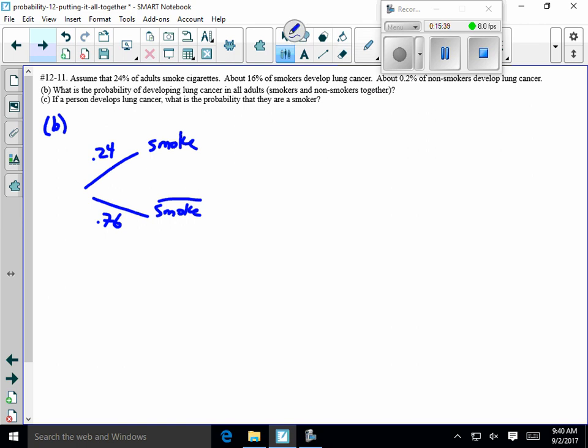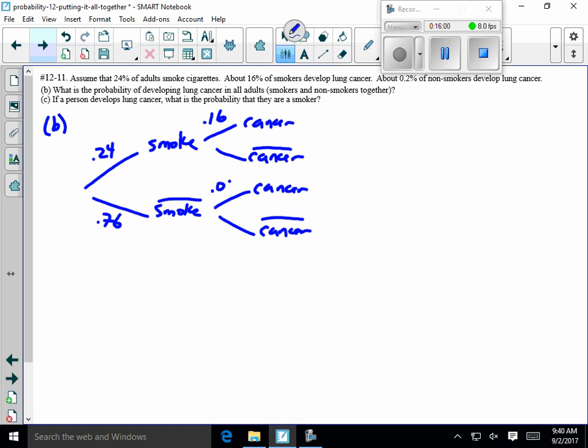All right, then if they did smoke, then they may get cancer, or they may not get cancer. Same thing if they didn't smoke, they may get lung cancer, or they may not get lung cancer. Okay, so it says that 16% of smokers develop lung cancer. So if you smoke, there's a 16% chance of developing lung cancer. If you don't smoke, there's a 0.2%, so 0.002 probability of getting cancer.